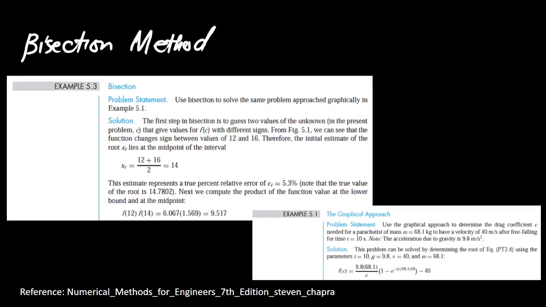So in some example, the same scenario as the first problem from the graphical method. Let's just say that you have 12 as your lower guess and 16 as your upper guess.